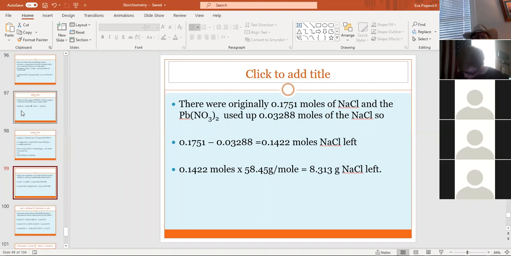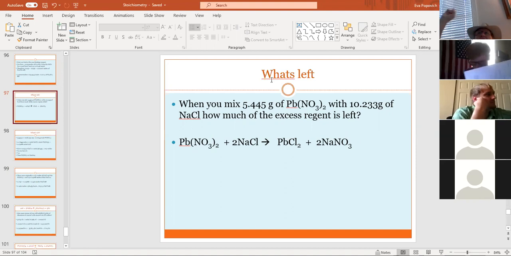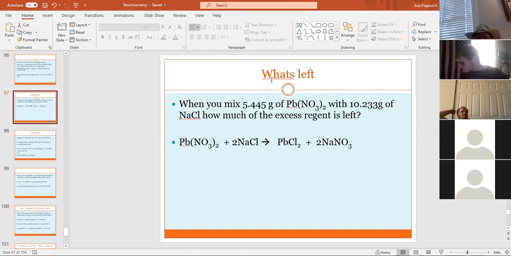So, another way of doing these problems, perhaps even simpler, is to take one of the two reactants and assume it's the limiting reagent. Then you figure out how much of the other reagent you need to completely react with it.